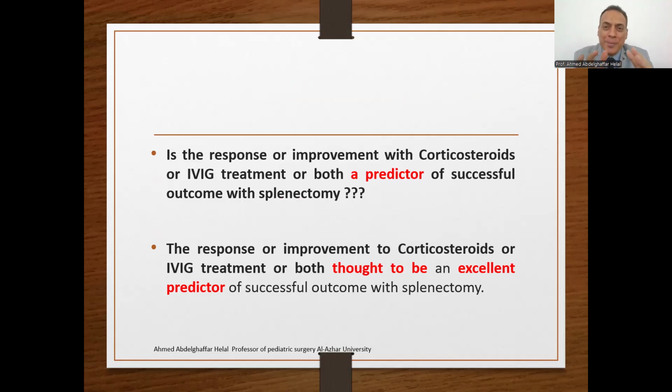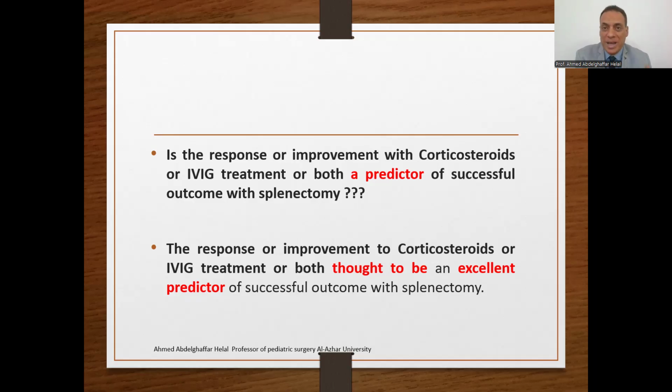So if the child improves on the medical management, can you guarantee that this child will improve more with splenectomy? The classic answer is that the response or improvement to corticosteroids or intravenous IgG immunoglobulin treatment, or both, is thought to be an excellent predictor of successful outcome after splenectomy.